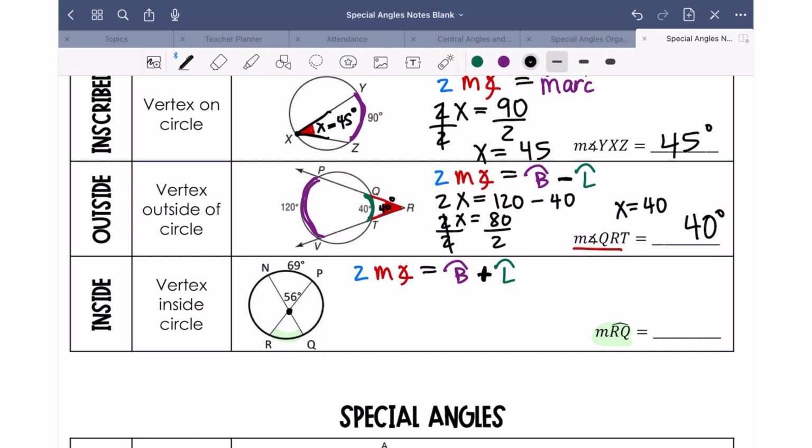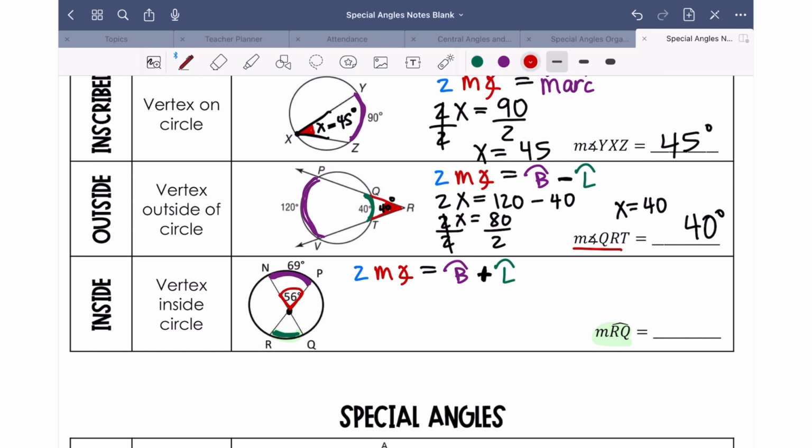What is the angle that they gave me here? The angle is 56 right here. Remember, if you can't tell the difference between an angle and an arc, the angles are inside the circle. The arcs are out here. Okay. I'm going to assume that this is the big arc because it kind of looks bigger than the one at the bottom. So this time they're making me look for the little arc measurement, which is fine.